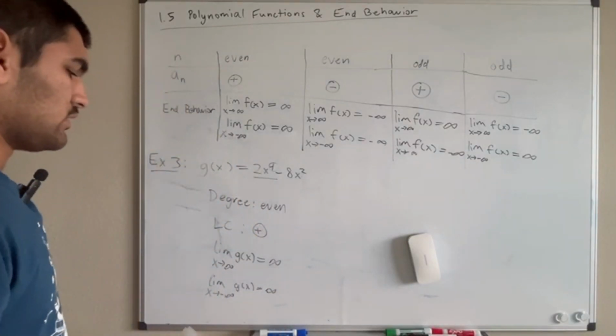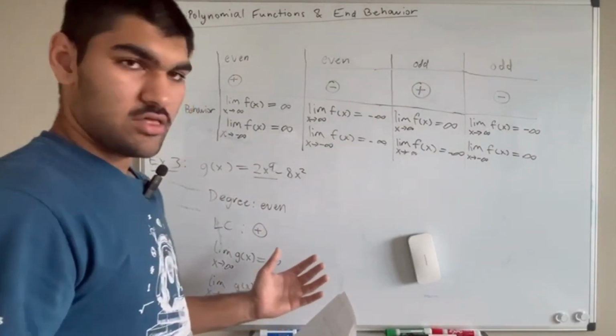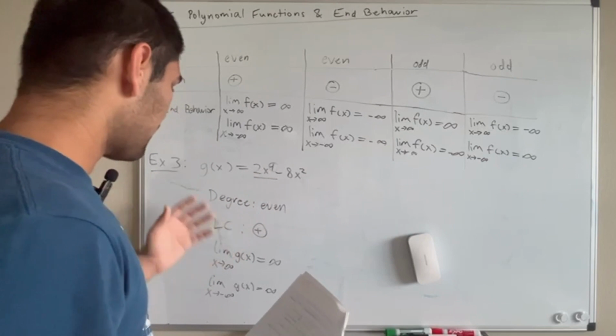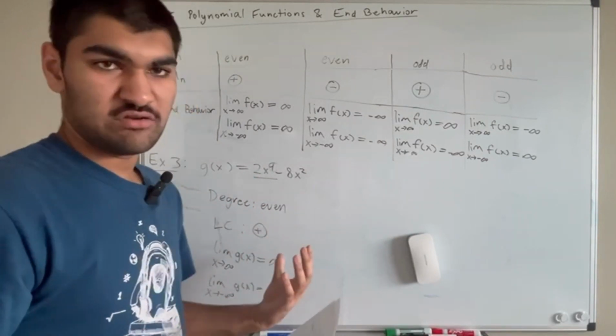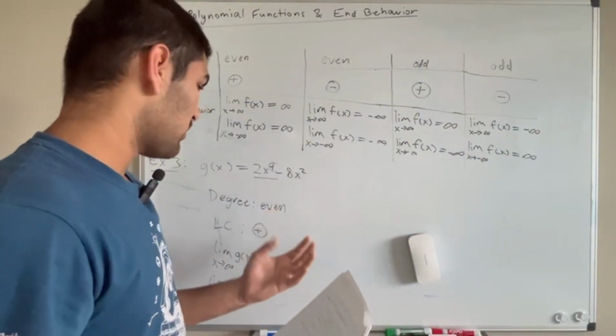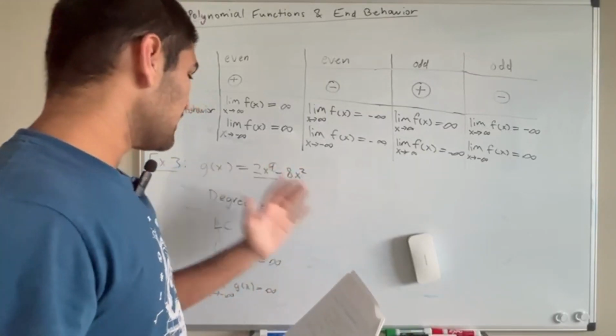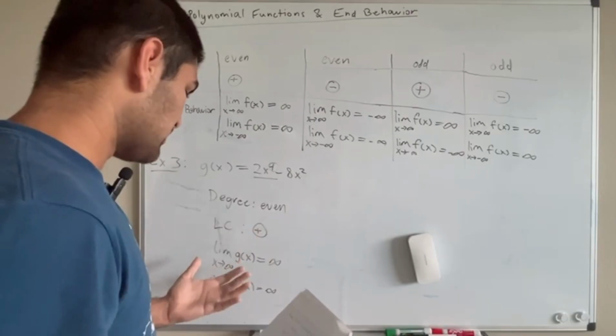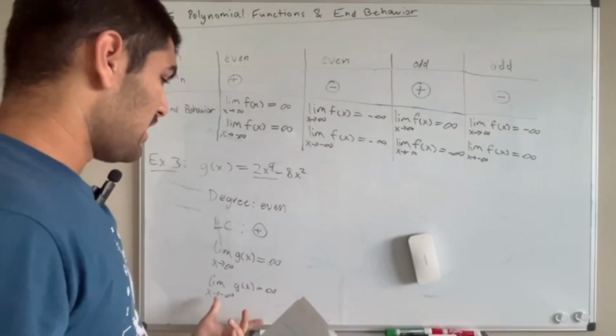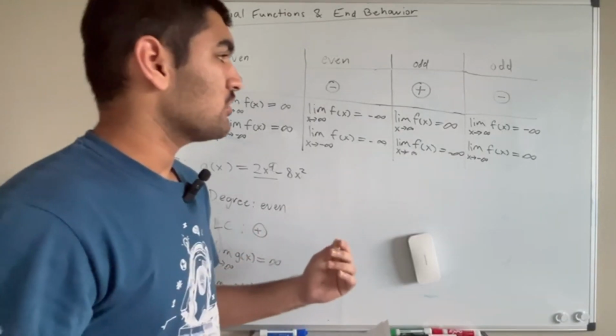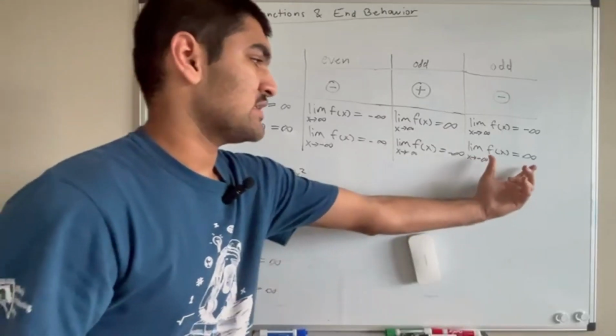And this works because the end behavior for any even degree polynomial with positive leading coefficient is the same, regardless of whether it's a quartic, a 6th degree polynomial, or a quadratic. Any polynomial with even degree and positive leading coefficient always has this end behavior. Any polynomial with odd degree and negative leading coefficient always has this end behavior.